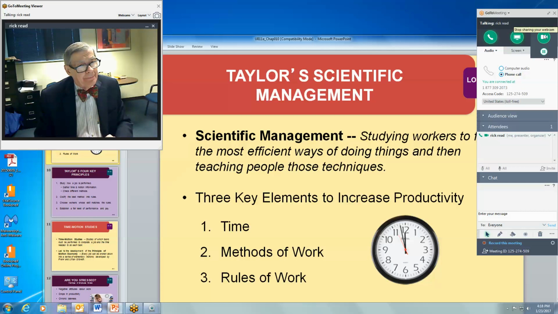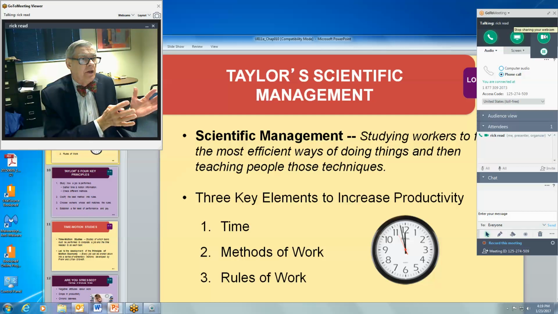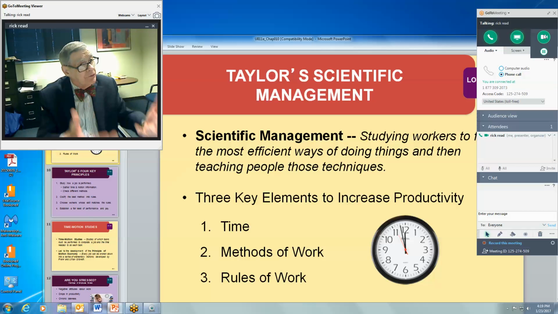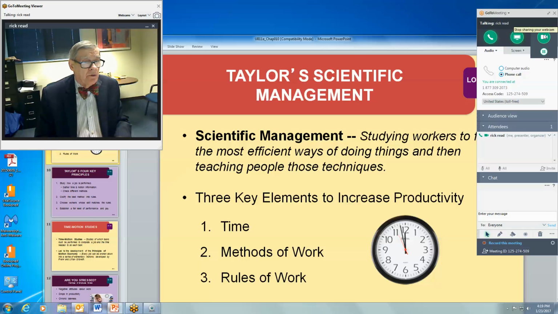And notice that what Taylor was after was getting people to do work most efficiently and to keep them from doing things that were extraneous to their particular job that would keep them away from completing the tasks that went into completing the job. So he focused on 3 elements, which you can see here on the slide. And I think one of his most important ones, besides the others of time and methods, was rules. And that's what he wanted to set up.